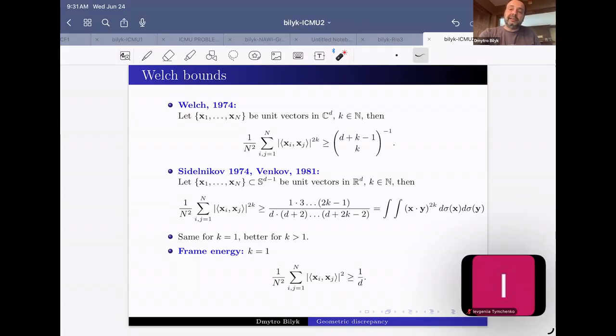This inequality is actually pretty easy to prove. This is also in your homework. You basically need the Cauchy-Schwarz inequality. That's all you need, and it can be proved in several lines. Then to go from this inequality to this inequality, I mentioned this in the homework, I give you some hints and some references.